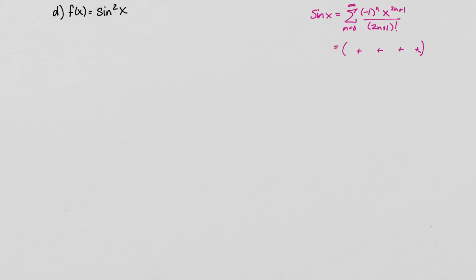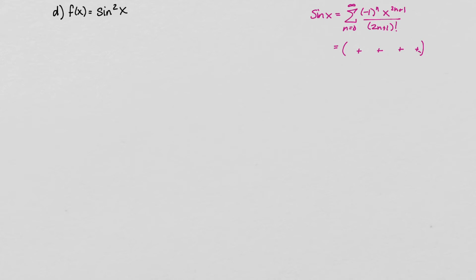If you square that, it's not as easy as just distributing the square in. You would have to take this infinite number of terms and multiply it by another polynomial that has an infinite number of terms, taking the first term times all the things in the second one, the second term times all the things in the second one. So it's a big mess. We need to figure out another way.